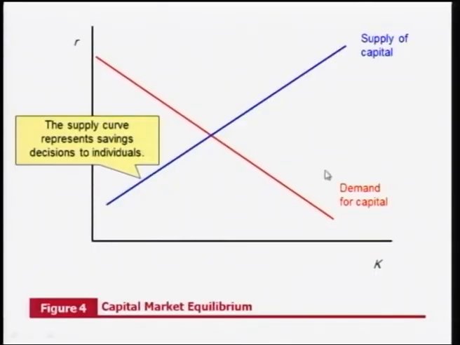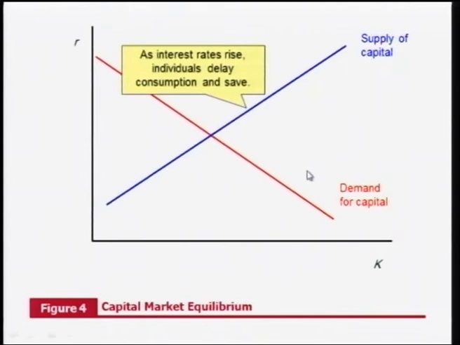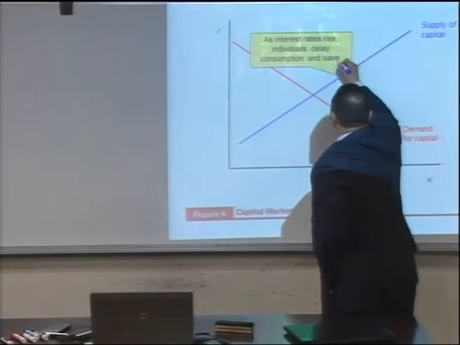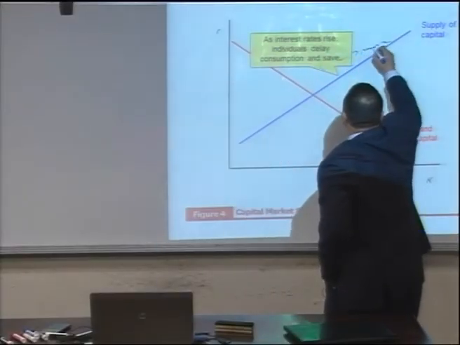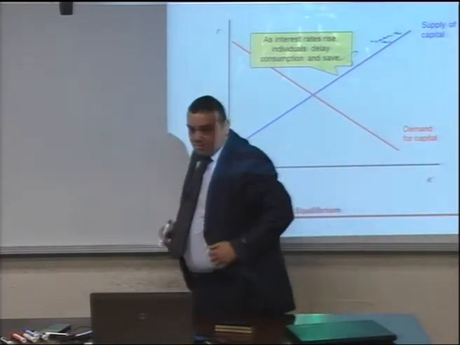The supply curve represents the saving decisions of individuals. As the interest rate rises, individuals delay consumption and do more saving, or save more. Okay?